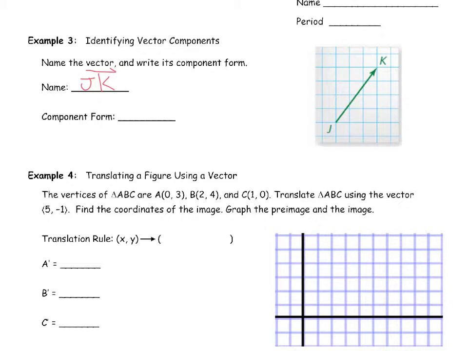Ha ha ha. And then the component form, notice here it goes over 1, 2, 3. And then from this point here to there, it is 1, 2, 3, 4. So the component form is 3, 4.